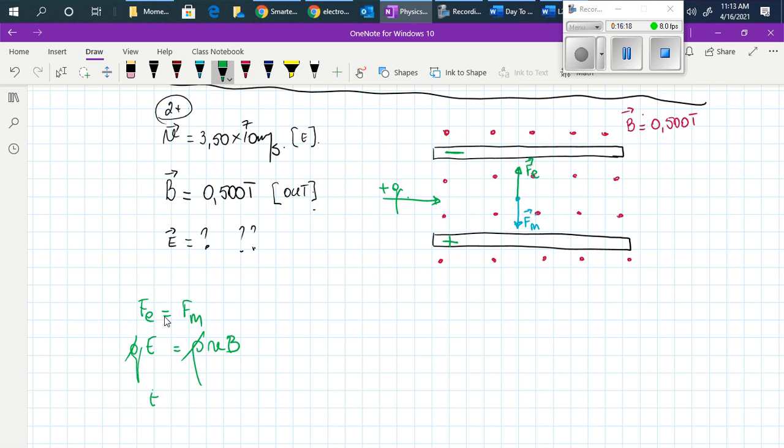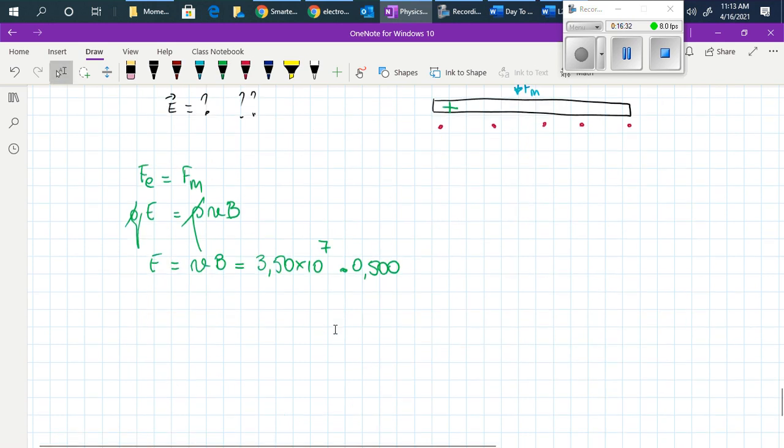So E is equal to V times B, or 3.50 times 10 to the power of 7 times 0.500. And then the electric field will be 1.75 times 10 to the power of 7 newtons per coulomb.